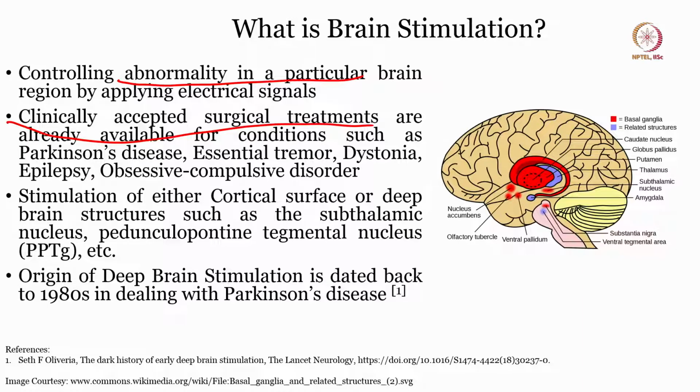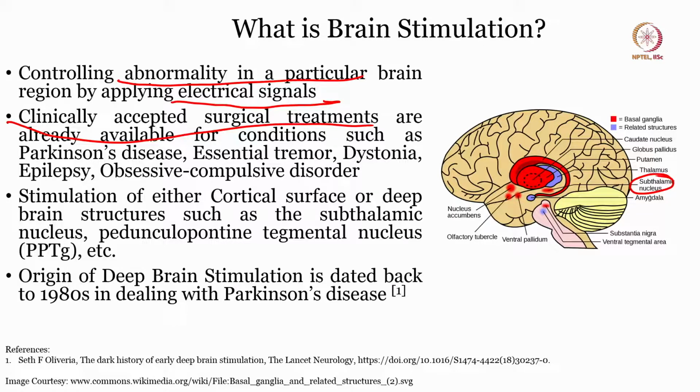The idea is you apply particular electrical signals to that particular region. I may be using the word subthalamic nucleus, not in terms of anatomy, sometimes in the course of our study.